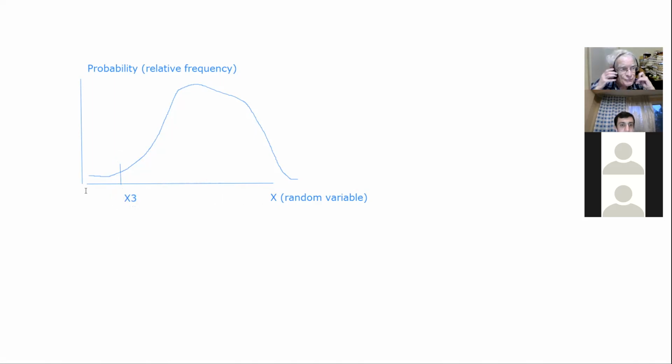This corresponds to this vertical line, another value, a low value this time for a random variable. All right. Now, in this case, the probability that we will draw a value of the random variable that is no higher than x3 is 5%.